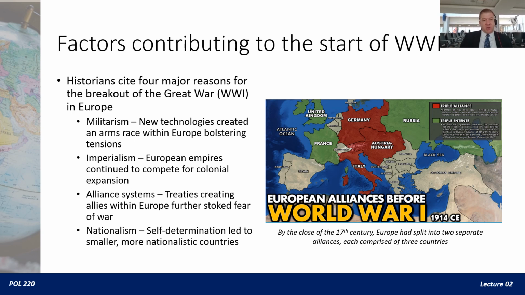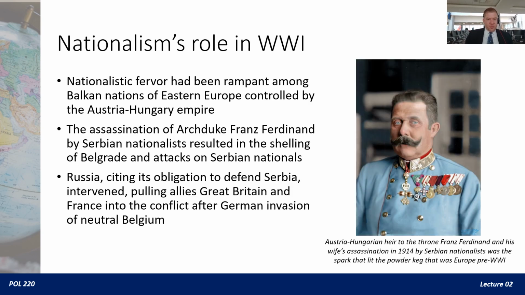And then, of course, rising nationalism, which will end up being really the biggest factor driving World War I. Self-determination, which we just talked about, led to smaller, more nationalistic countries that had a greater sense of self-identity and were less amenable to being subject to the rule or influence of neighboring nations.